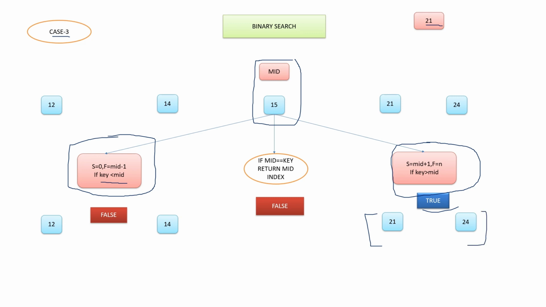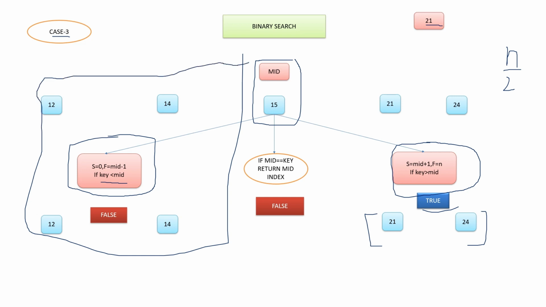So that's it. At each level, the time complexity will be halved. N is the size of the array, and if we find that the key element is smaller than our mid element, then we traverse only half the array, not the whole array. And if we find that the mid element is smaller than our key element, then we traverse the second half of the array.